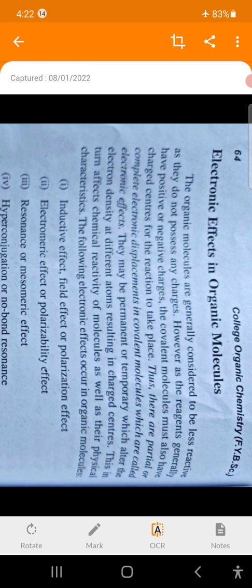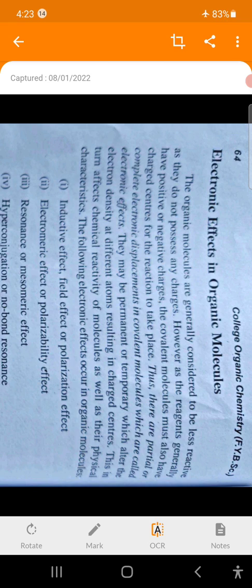Such unequal distribution of the electron cloud results in some centers being reactive towards electrophilic reagents, and some centers being reactive towards nucleophilic reagents.